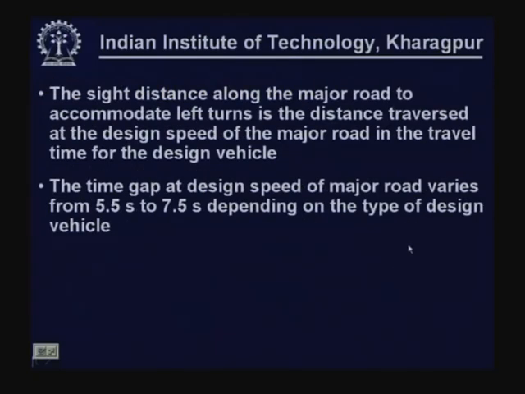The side distance along the major road to accommodate left turns is the distance traversed at the design speed of the major road in the travel time for the design vehicle.